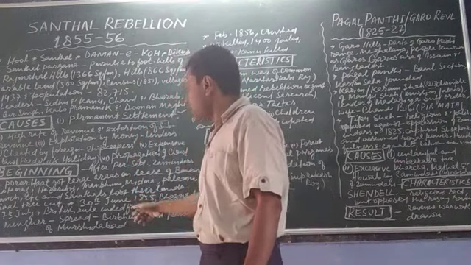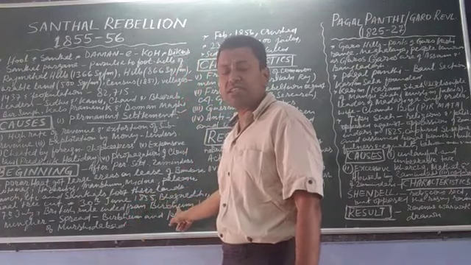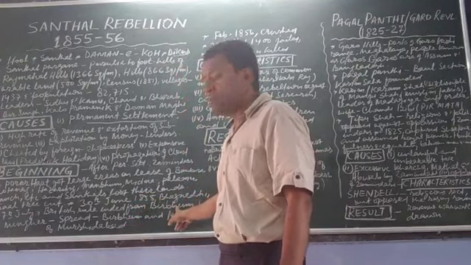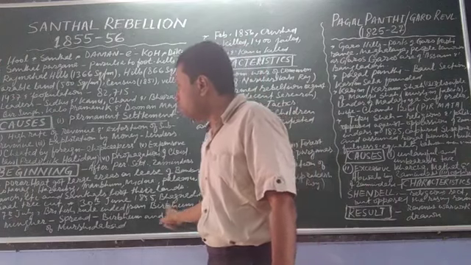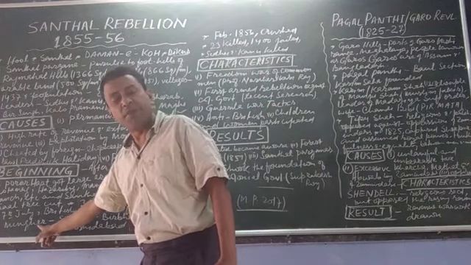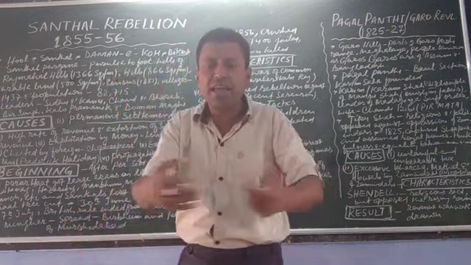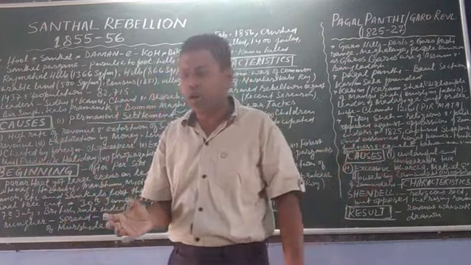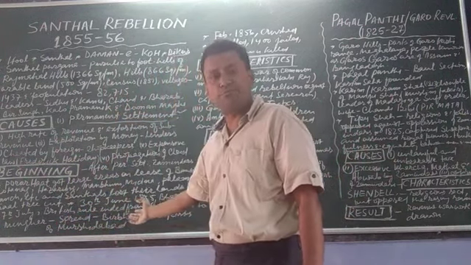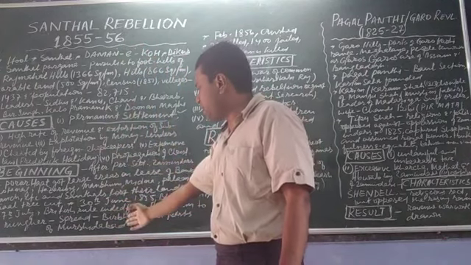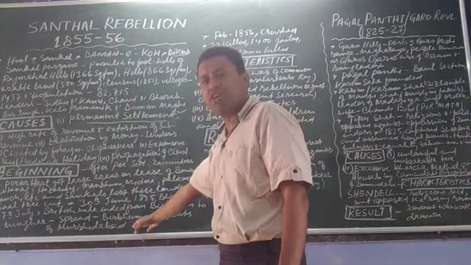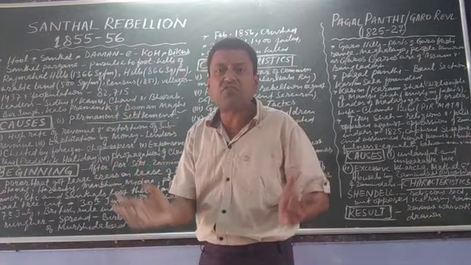They started the rebellion, and the British government lost their rule from Birbhum to Munger. The British government had lost their power. This Santhali rebellion spread in the region of Birbhum and a few parts of Murshidabad.